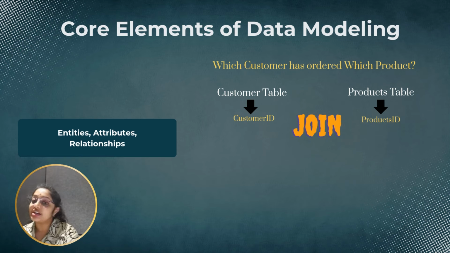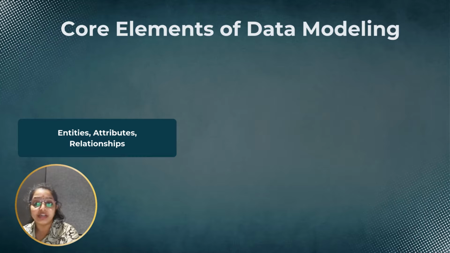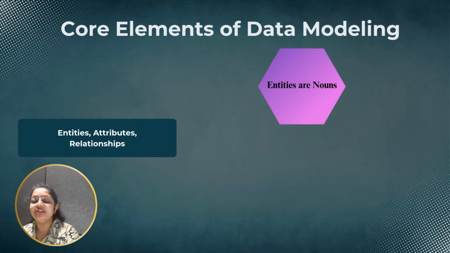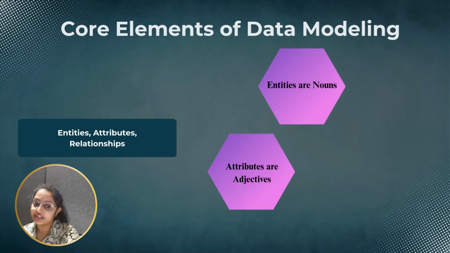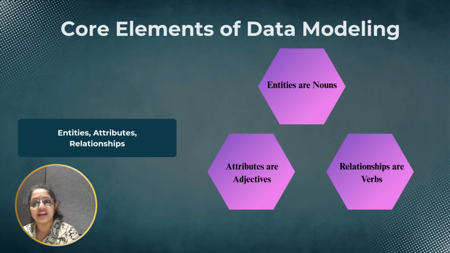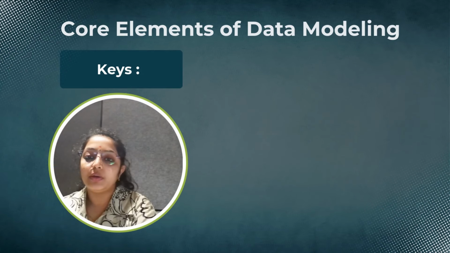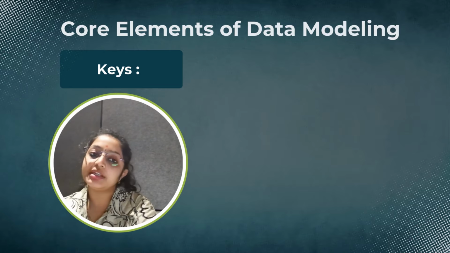So as I said, a customer can order the product. So this is how I'm trying to build the relationship between them. So basically, in simple English, you can think of it like entities are your nouns, attributes are your adjectives, and relationships are your verbs.